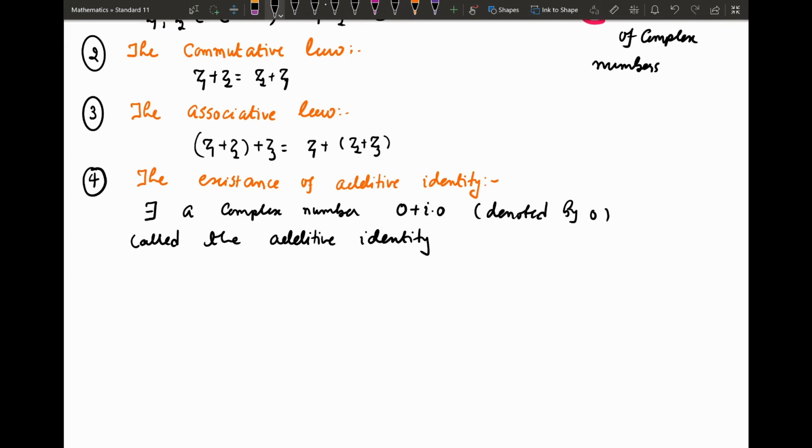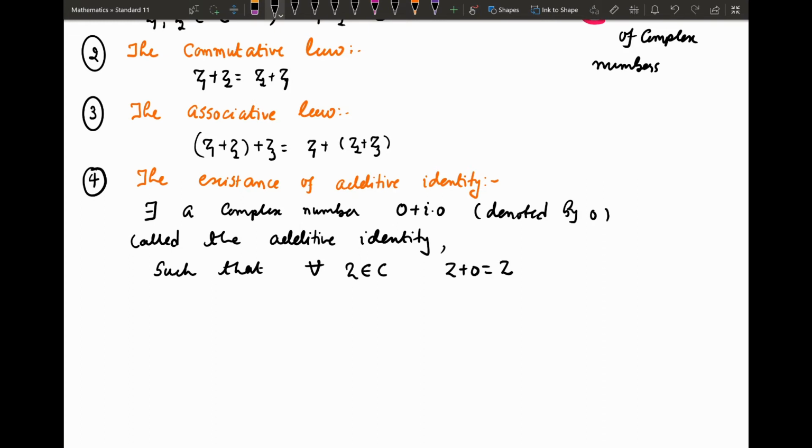Called the additive identity, such that for all Z belongs to C, Z plus 0 equals Z. That's why 0 is called the additive identity.